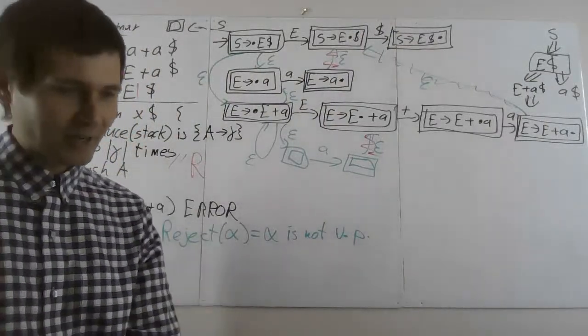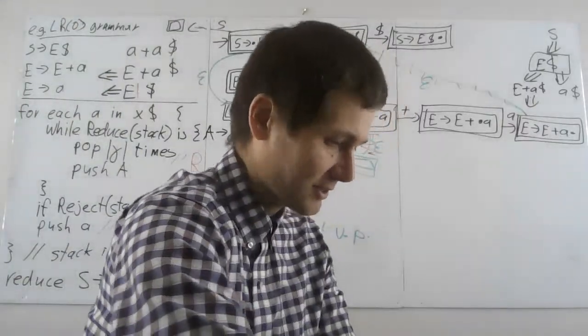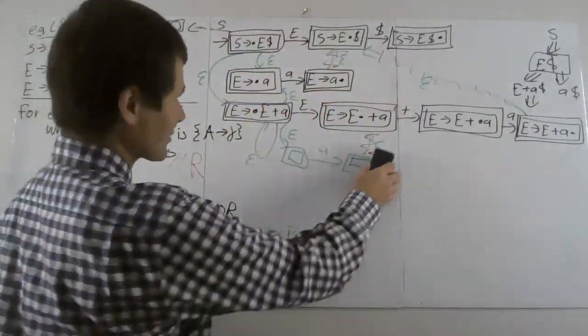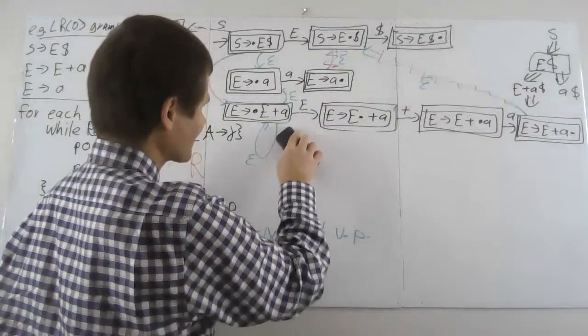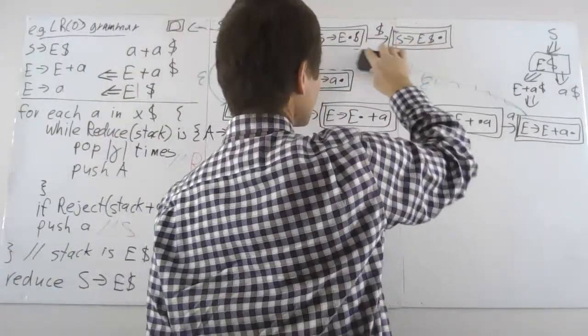Okay, so now my diagram is getting messy. So I'm going to erase the crossed out stuff. I'm going to erase this part, and this part, and this part.